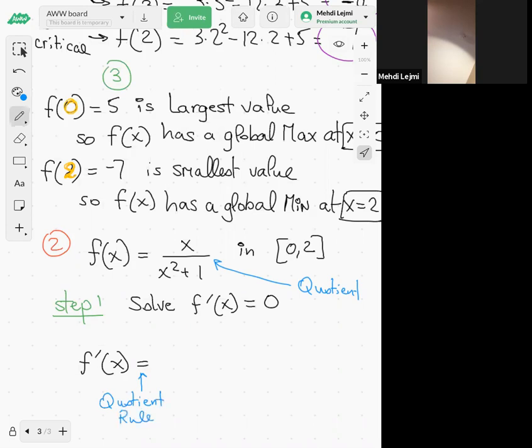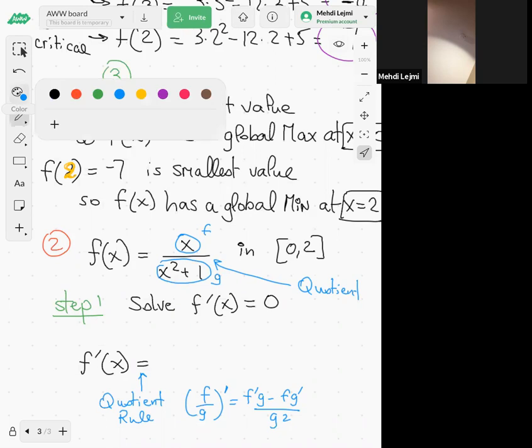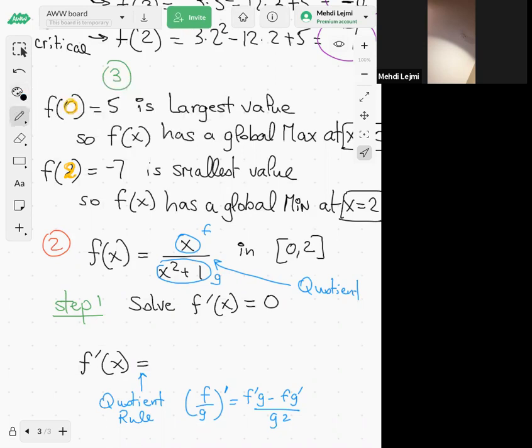Okay, so just to remind you of the quotient rule: you have f over g. The derivative would be f prime g minus f g prime over g squared. So this is supposed to be my f in the rule, and this is supposed to be my g. So let's compute the derivative then. It's f prime, derivative of x, it's 1, times g, the x squared plus 1.